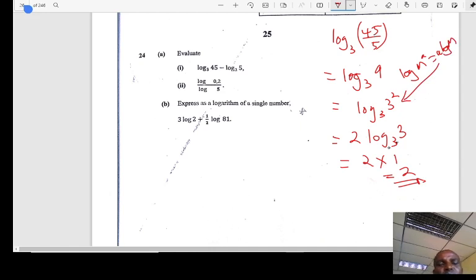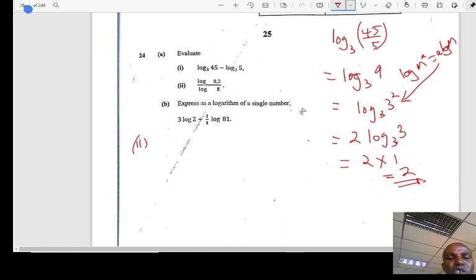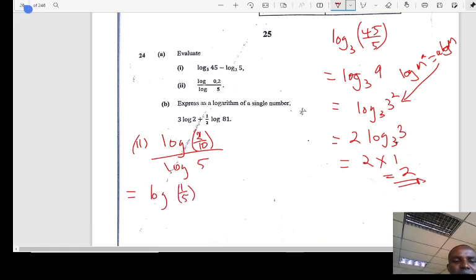Then next, log 0.2 over log 5. First things first, you convert 0.2 to a fraction. So it will be log 2 over 10 over log 5. Then simplifying, it's log 1 over 5, over log 5.